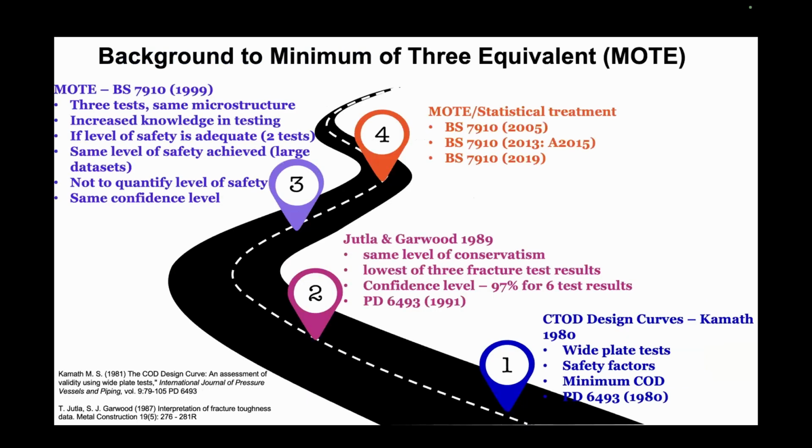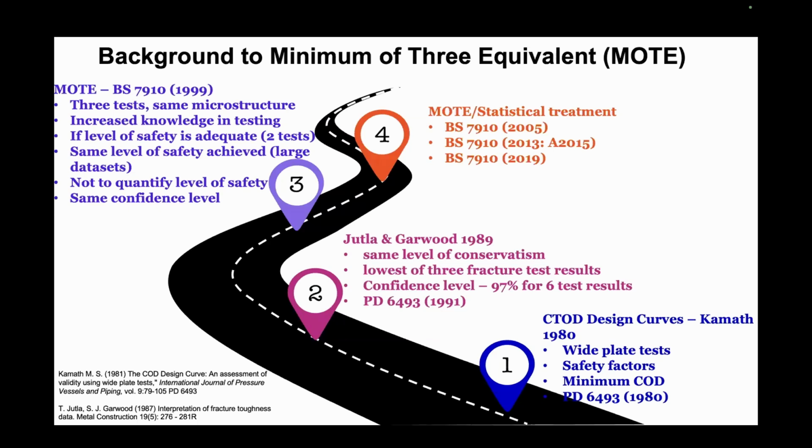Here is an overview of how this methodology of minimum of 3 equivalent came into the current standard BS 7910. This started in the 1980s with Mote, where he used crack opening displacement design curves alongside wide plate testing. This was large-scale wide plate testing, where he incorporated safety factors into the procedure.